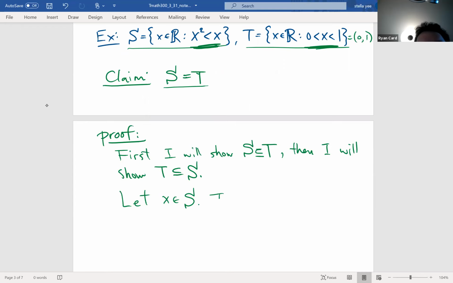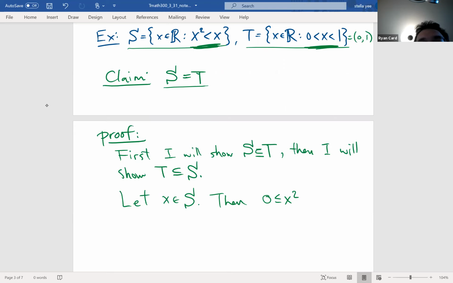So then we know that the square of any real number is not negative, so any x squared is greater than or equal to 0.